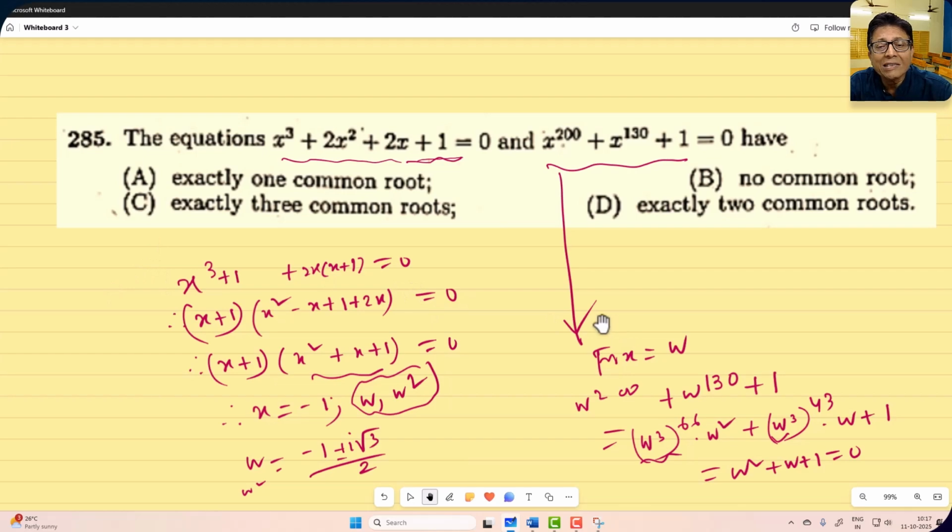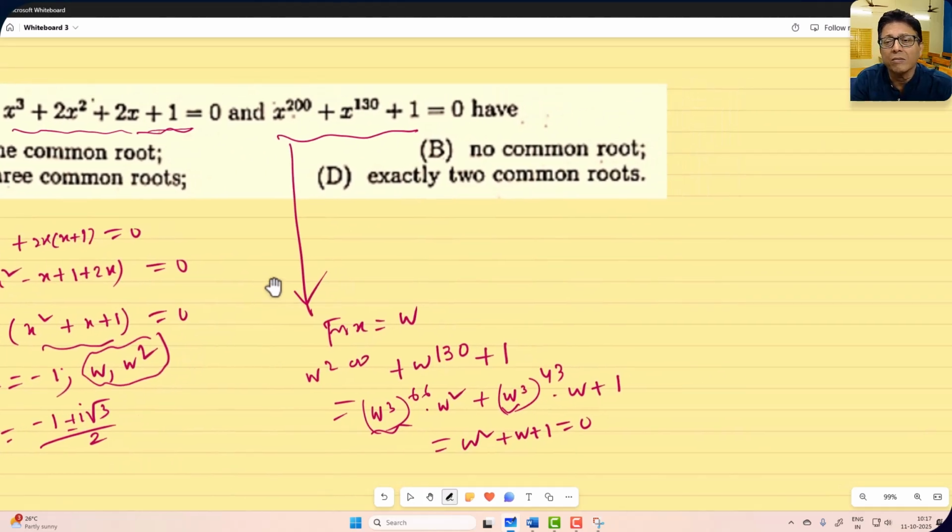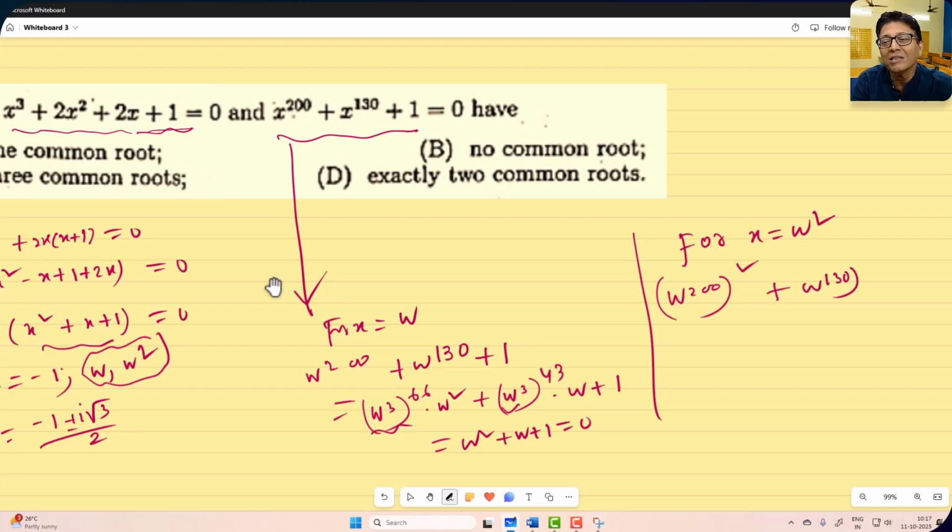Now for x equal to omega square, what happened? For x equal to omega square, omega to the power 200 square, omega to the power 130 square plus 1. Why?